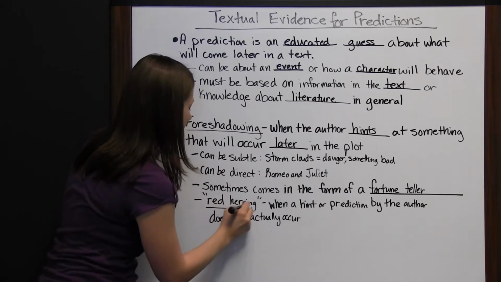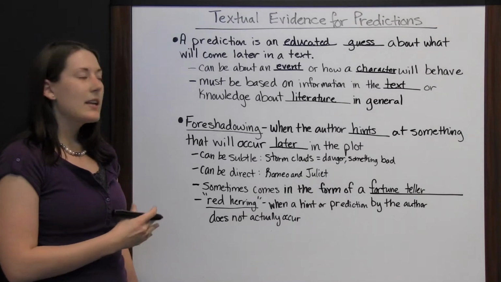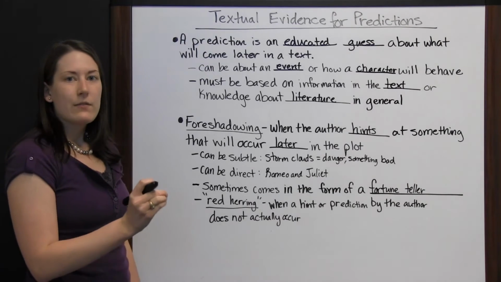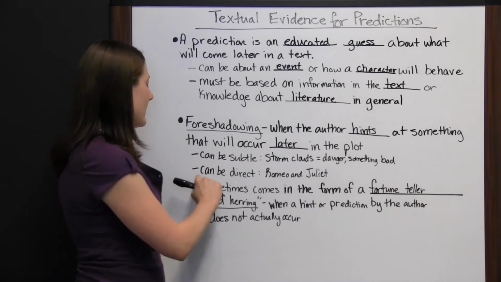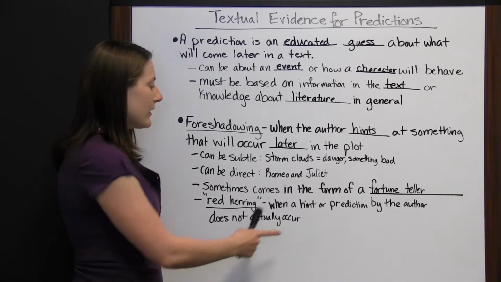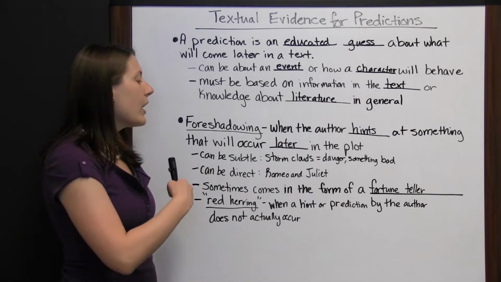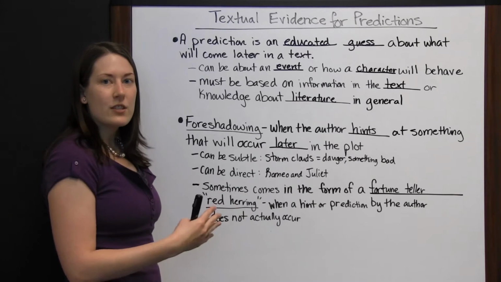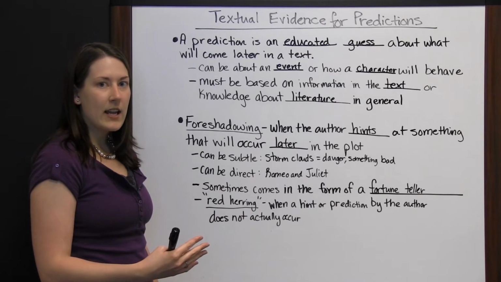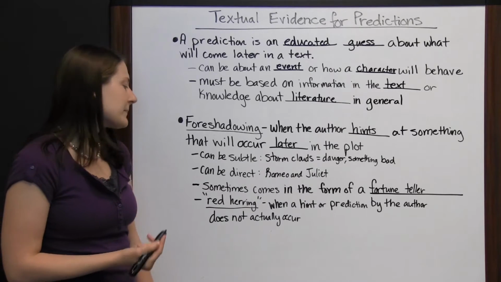So, you have to pay attention because sometimes the author may give you a direct foreshadowing example. They may go and say exactly what's going to happen, and that'll be true. But sometimes they'll give a really big hint, or they'll even lay out the prediction with a fortune teller, or by the characters just discussing how they feel like things are going to end up. But it's a red herring because that's not really how the author ends the story.